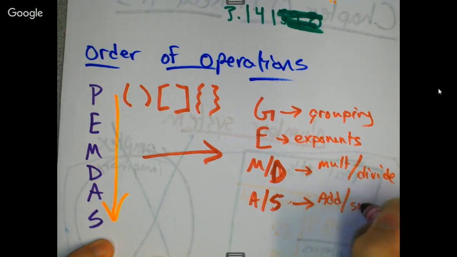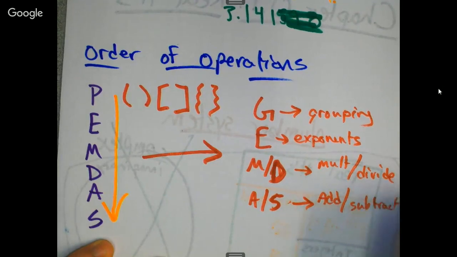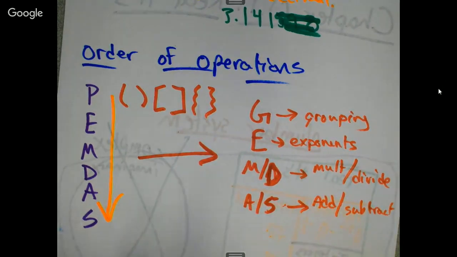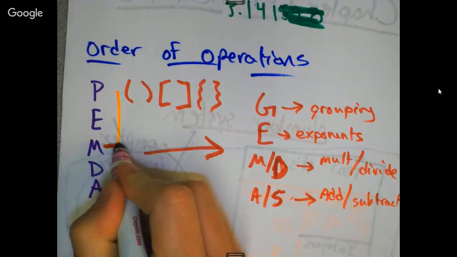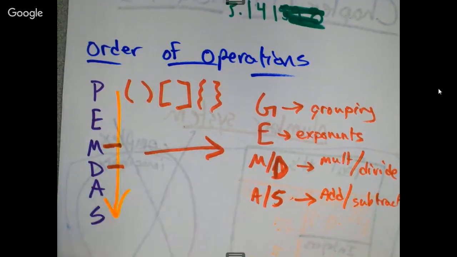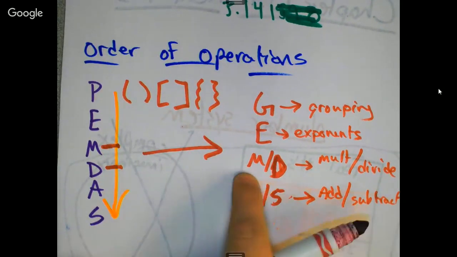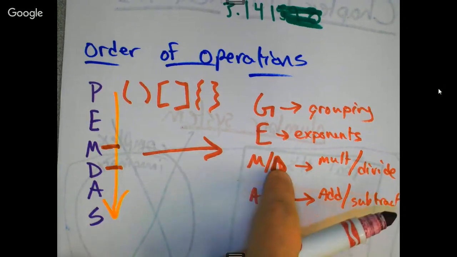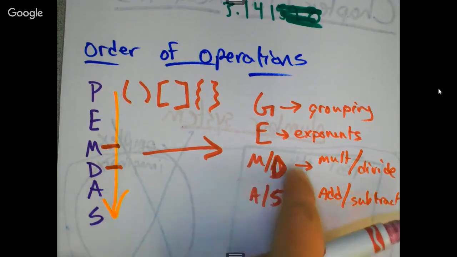But the problem here is, over here, it looks like you do multiply and then divide. However, over here, if multiplication and division is the only operation, you will do it left to right.